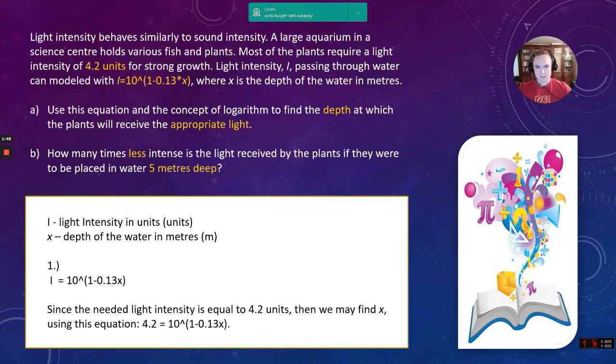So let's deal with the first question, and first of all write down the equation. Since the needed light intensity is equal to 4.2 units, we may find x by placing 4.2 units at the place of I, so we're going to have an equation, and we may go for x.